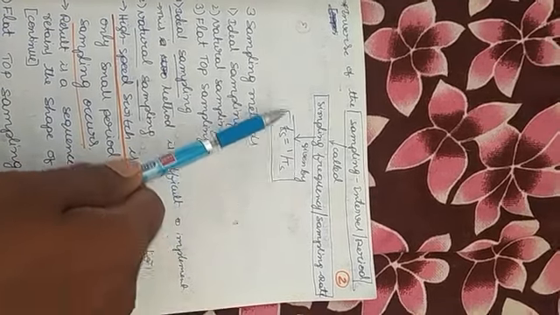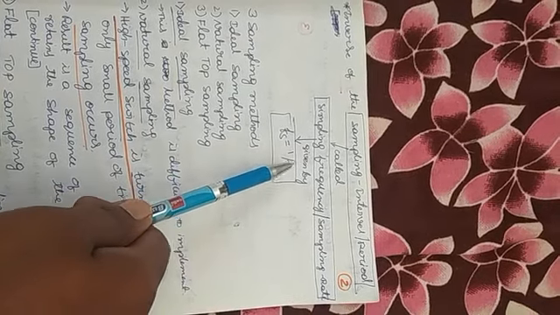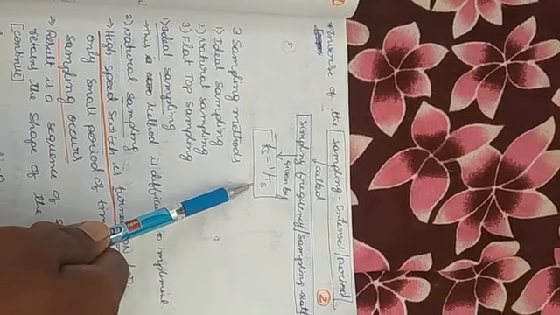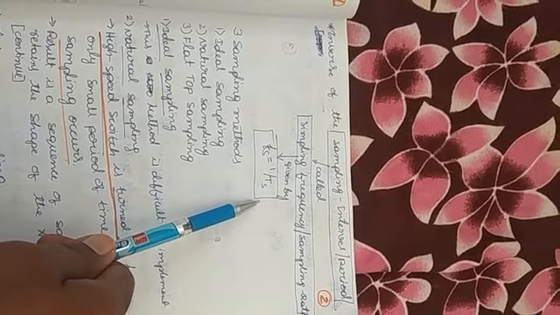It is given by Fs is equal to 1 by Ts, nothing but 1 by the sampling interval or 1 by the period.